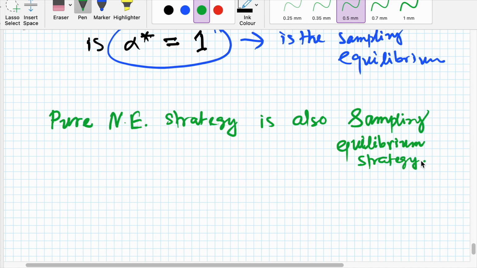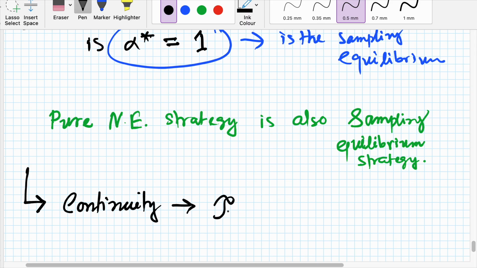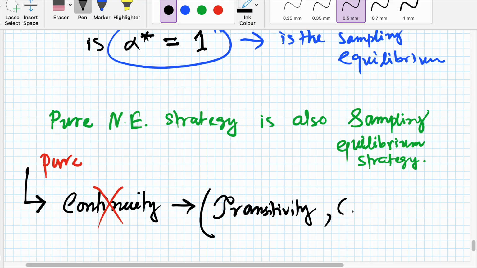The reason is that to calculate the pure strategy Nash equilibrium, you don't have to use the axiom of continuity, only transitivity and completeness. Only these two axioms are required for pure Nash equilibrium.